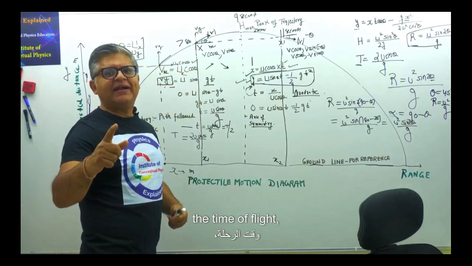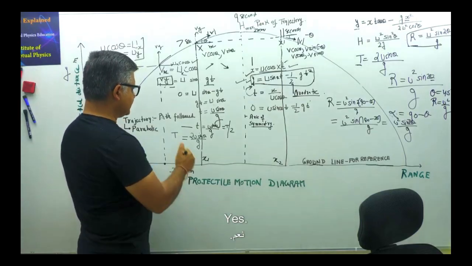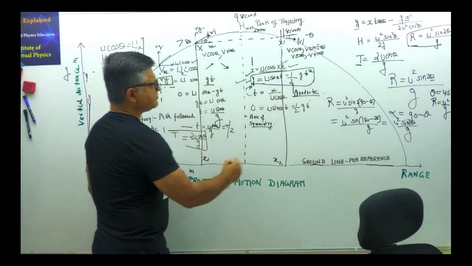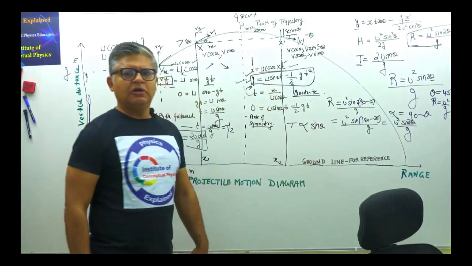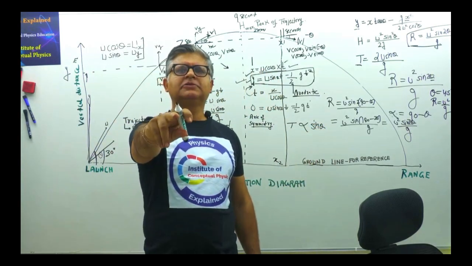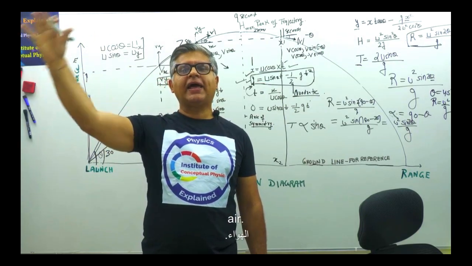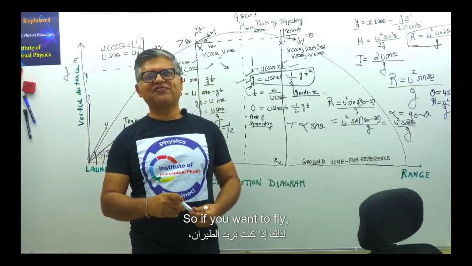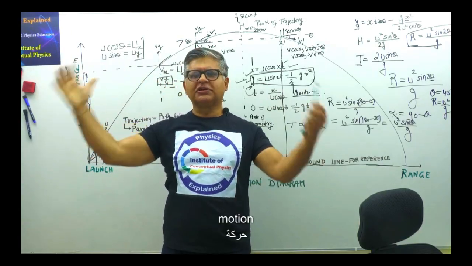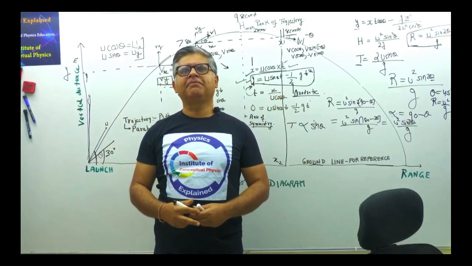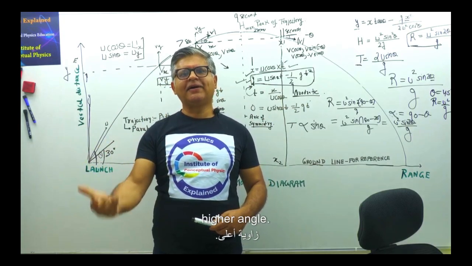the time of flight, which is given by, I think we calculated it somewhere, right? Yes. So the time of flight is proportional to sine theta. More is your angle, longer you can be in the air. So if you want your projectile to be in motion for a longer period of time, time of flight, project at a higher angle.